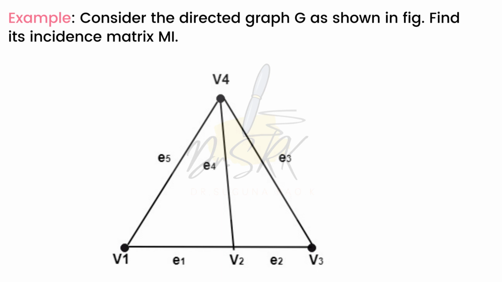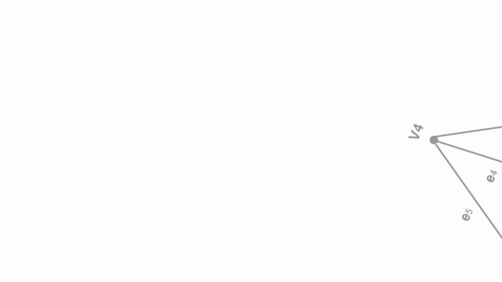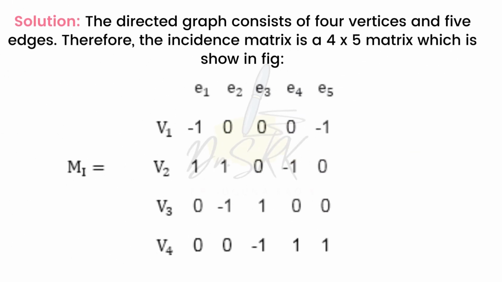But given, assume this as a directed graph. Okay. How are we going to write the incidence matrix of this directed graph? Look at the solution.